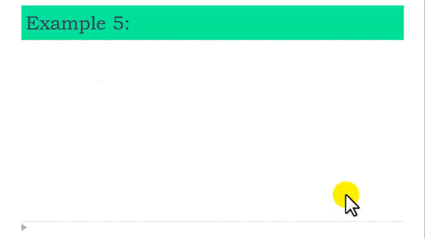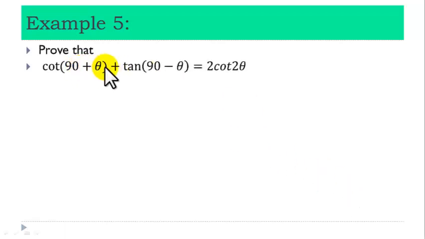Example 5. Prove that cot(90 plus theta) plus tan(90 minus theta) is equal to 2 cot 2 theta. Proof.